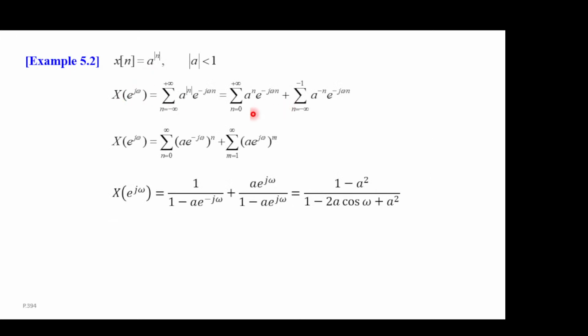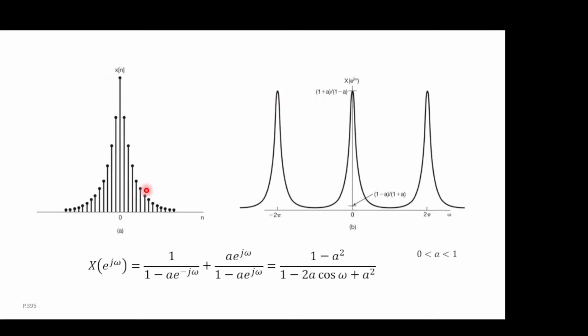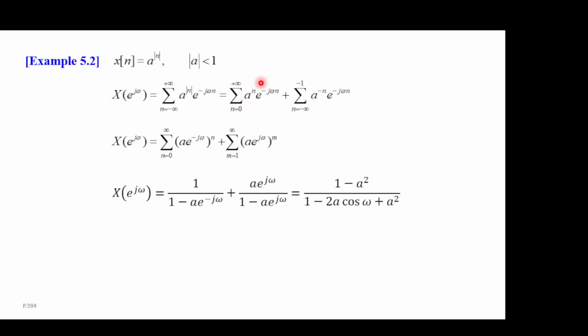And we can also brute force calculate our big X. It's the sum over n from minus infinity to plus infinity of x times e to the minus j omega n. And it's really not too different. You have an exponential decay on the positive n and an exponential decay on the negative n. So you just break them into a positive n part and a negative n part.